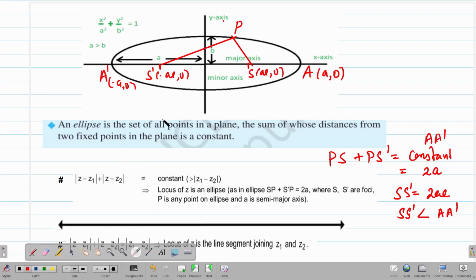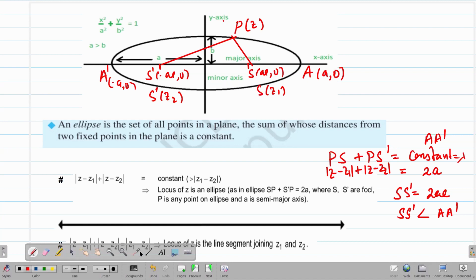Now in terms of complex numbers, if P is z, S is z1 and S dash is z2, then PS is mod of z minus z1 and PS dash is mod of z minus z2, and suppose this constant is lambda, that is 2a.